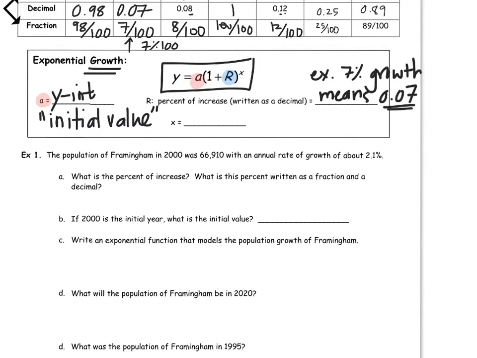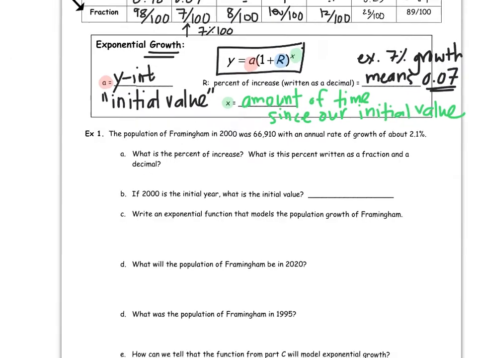Lastly, x, that is my exponent up here, and the x is the amount of time since our initial value. And usually that time is measured in years. Okay, so our first example is a scenario.